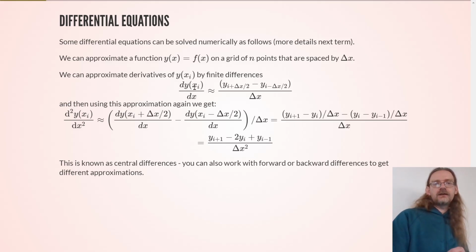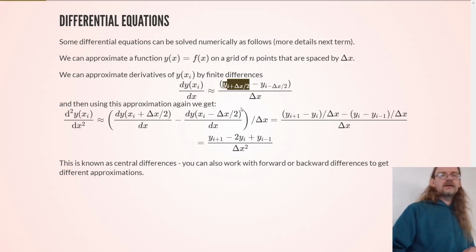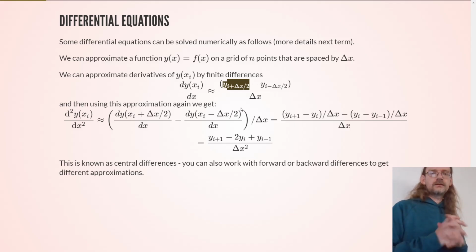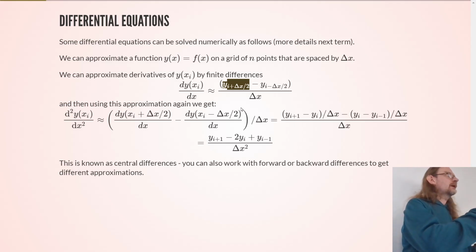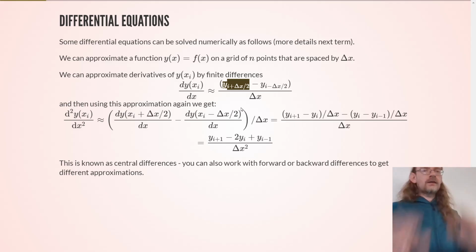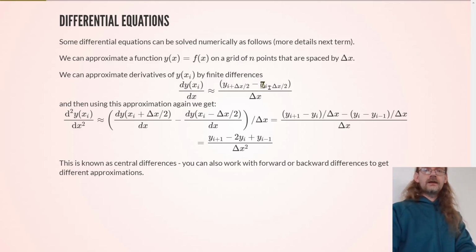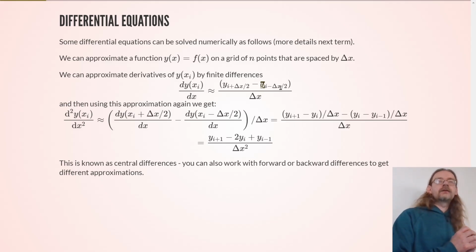To estimate the first derivative at this point xi, I'm going to evaluate my function y at xi plus delta x upon 2, the function at the upper distance, and then subtract the function y at xi minus delta x upon 2.